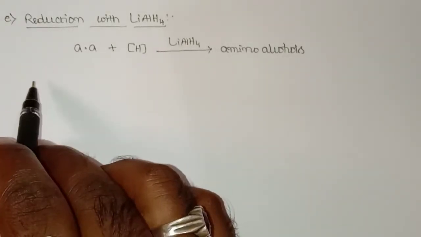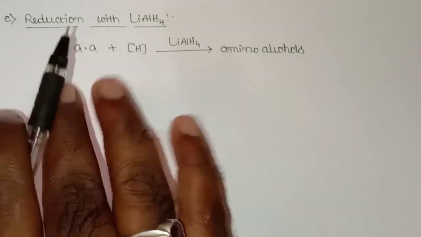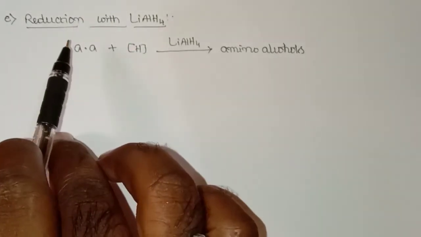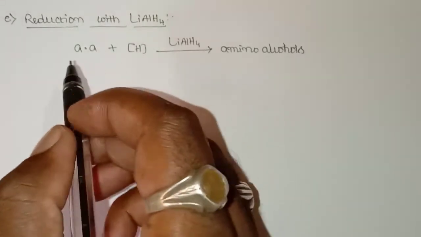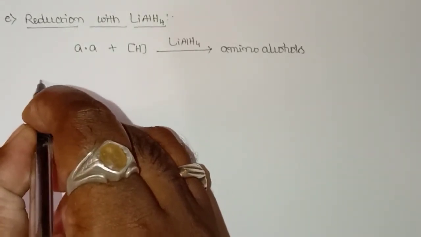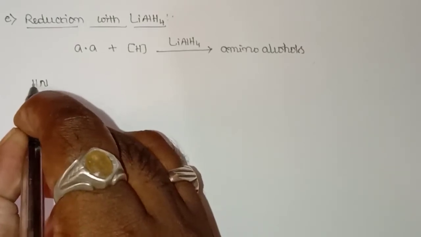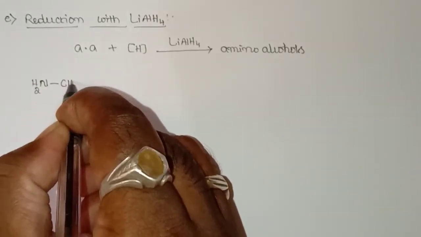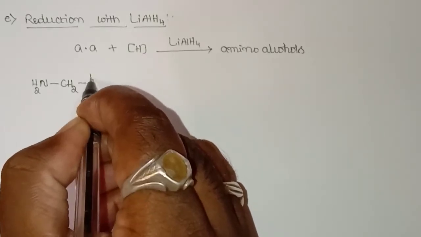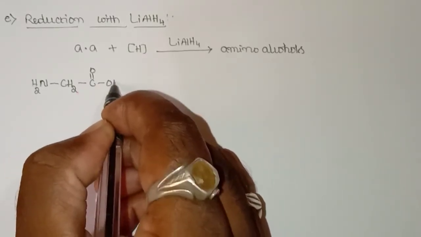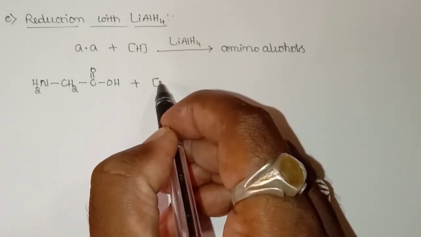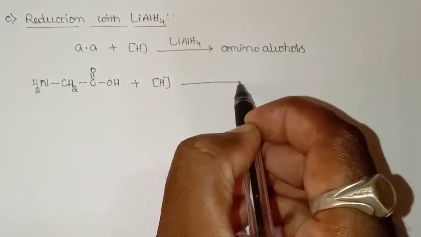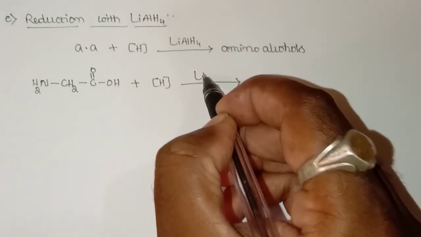Now we shall see the simplest example so that you will clearly understand what happens when an amino acid is subjected to reduction. Let us consider the same simple example, NH2 CH2, where I am going to get glycine. Here I am going to take glycine, and subject it to reduction in presence of lithium aluminum hydride.